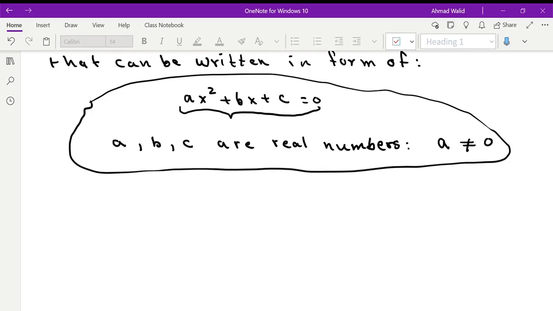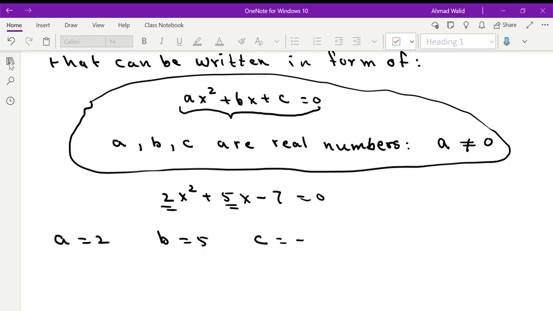First, let's put a numeric example for this general form. When I'm writing 2x squared plus 5x minus 7 equals 0, you see that a is equal to 2, b is equal to 5, which is the coefficient of x, and c is equal to negative 7, which is your constant term.